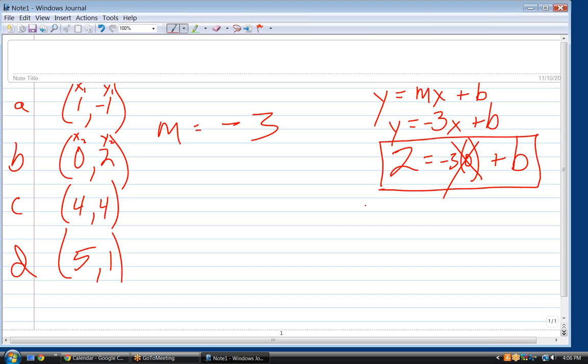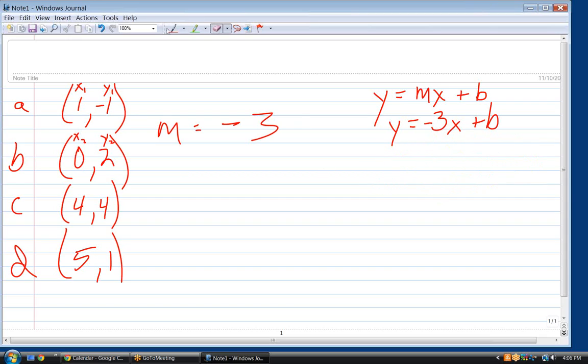What's b equal to? When I said it took care of that term, it made it 0. Oh, so 2? Yeah. So b is 2. Okay, so now I can plug in for the b, and there's the equation of the line from A to B.